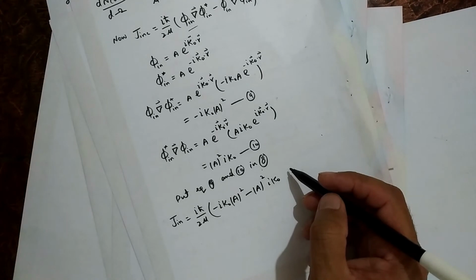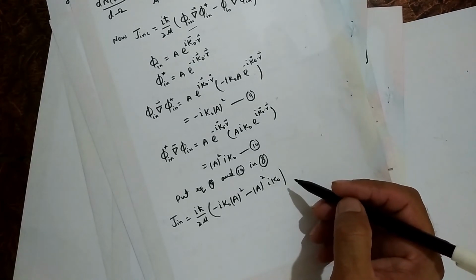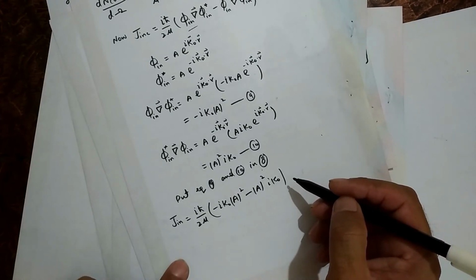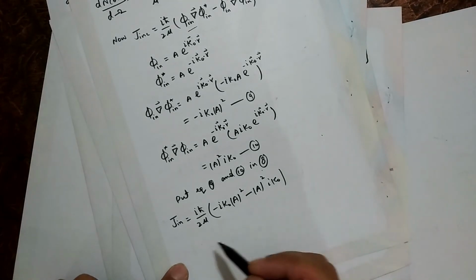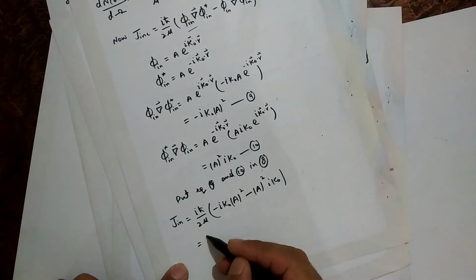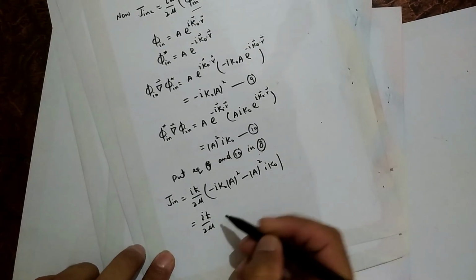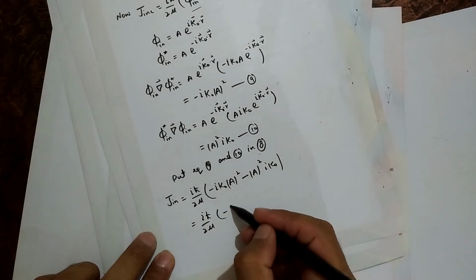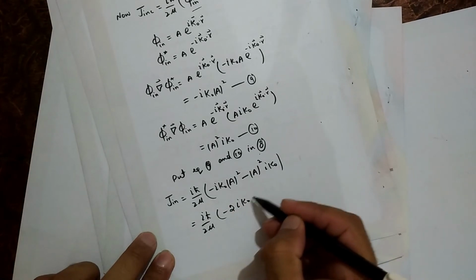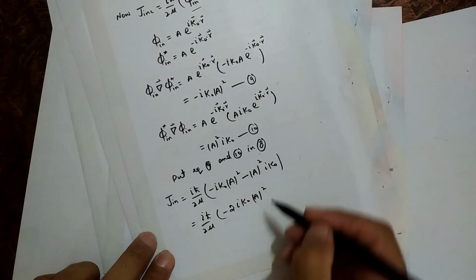Clear? So it will be equal to i h cut over 2 mu times minus 2i k naught into mod a square.